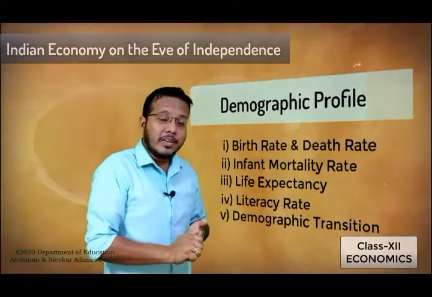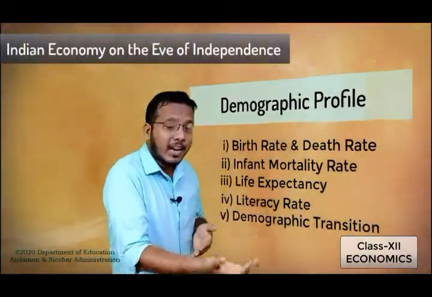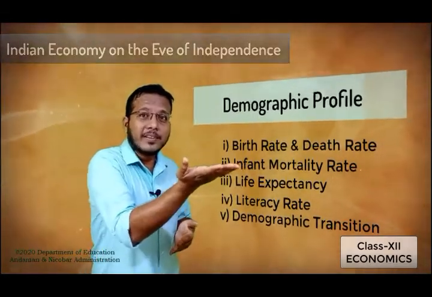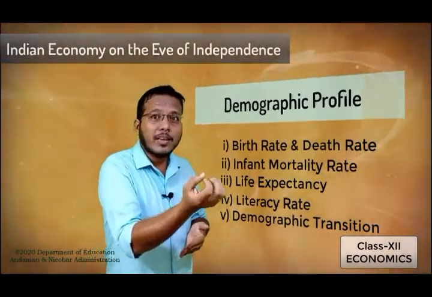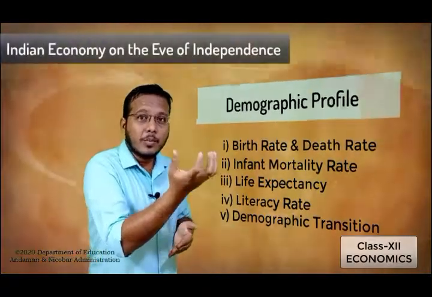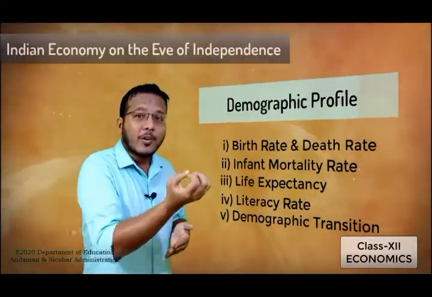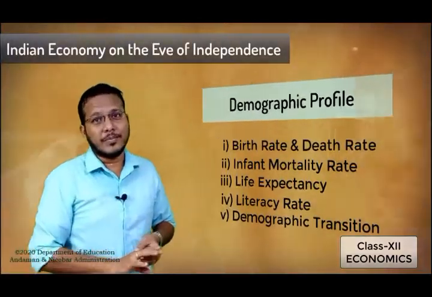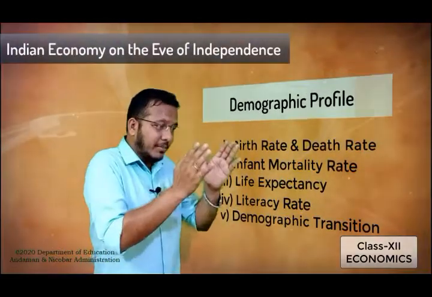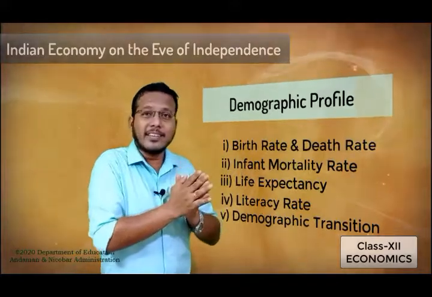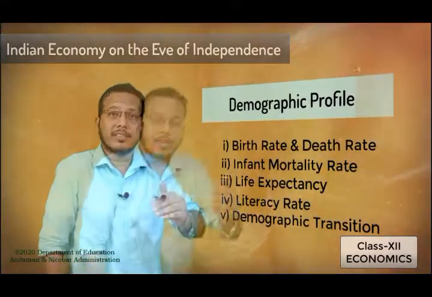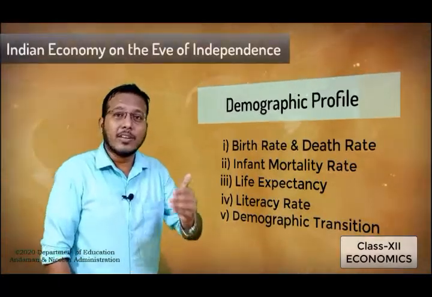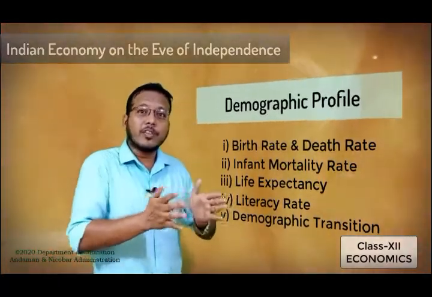So after 1921, we had a gradual increase in the total population. That population explosion brought economic backwardness to our economy. Economically and socially, we suffered a lot due to the population explosion in our country.